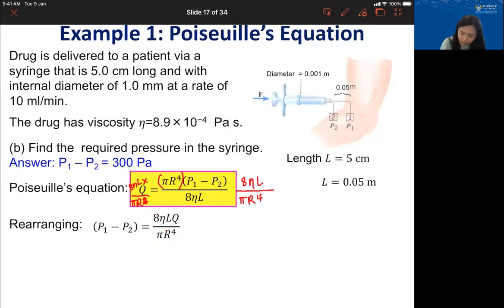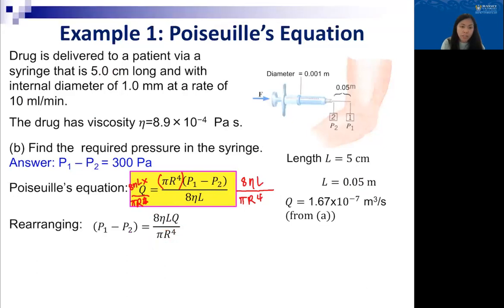The length is given as 5 centimeters. Everything should be in base units, so it should be converted to meters. The flow rate, Q, we've solved from the previous question. The viscosity eta is given here, already in base units. And then the diameter is given as 1 millimeter and the radius is half the diameter.